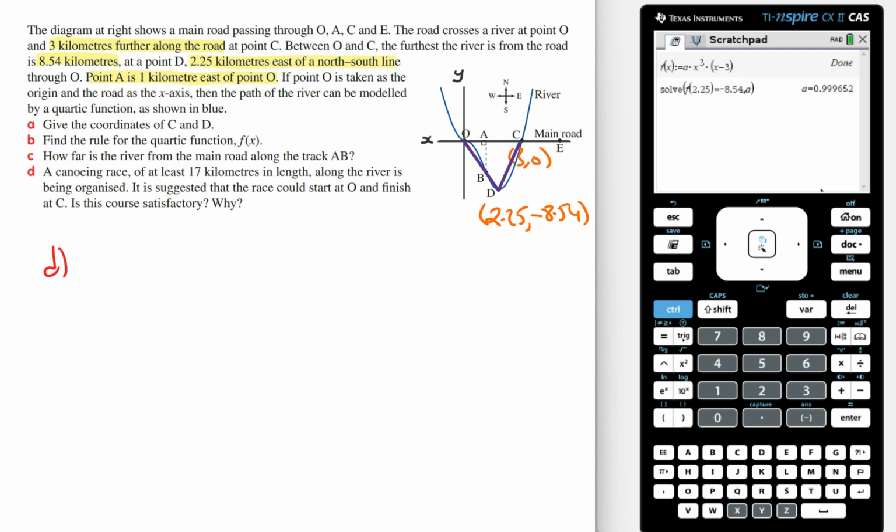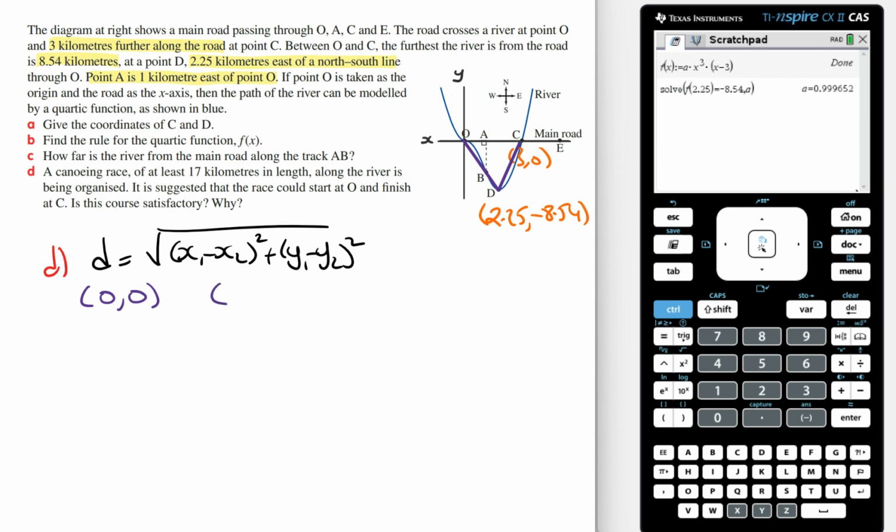Now we know that the distance formula is equal to the square root of (x1 - x2) squared plus (y1 - y2) squared. To work out the distance of the line OD, we need the coordinates of the point O, which is (0, 0), and the point D, which is (2.25, -8.54).